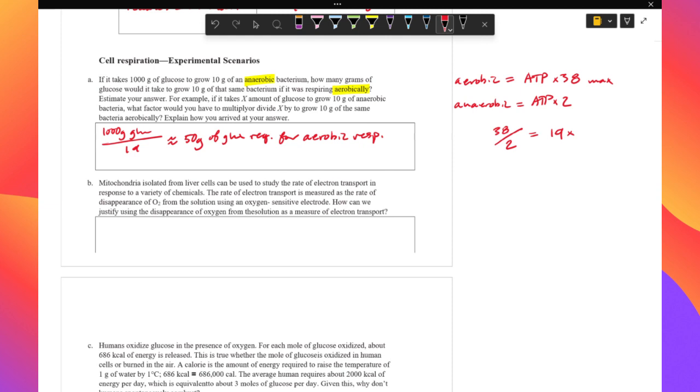So answering this question means looking at the two processes comparatively, determining a ratio between them, and then using that as sort of a conversion factor. So per 1,000 grams of glucose, if that produced 10 grams of anaerobic bacterium, if it's 19 times more efficient through aerobic respiration, then we would just need 50 grams of glucose approximately.